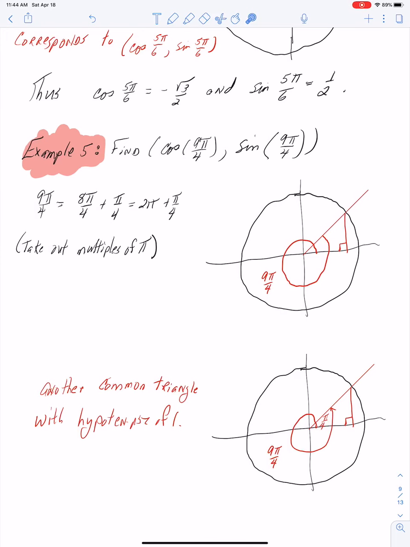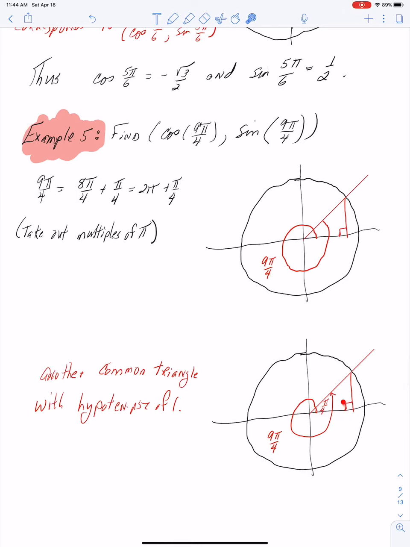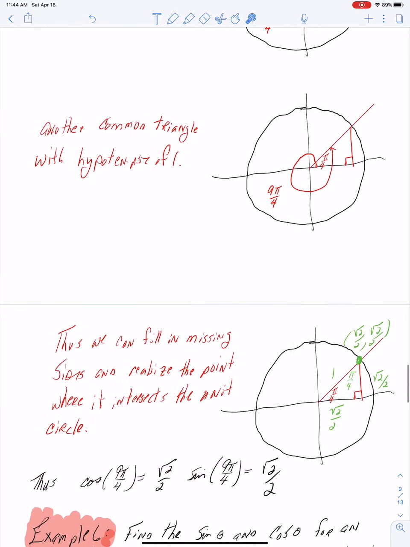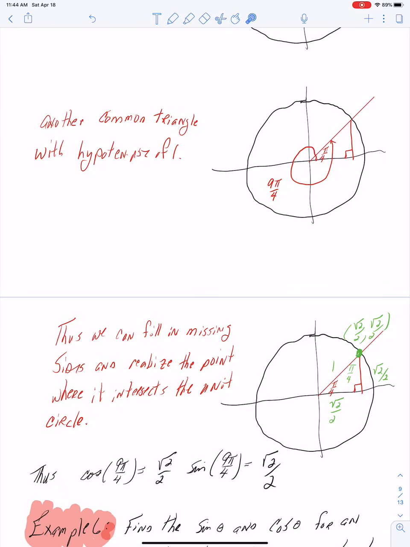So if this is pi over 4 and this is pi over 2, this angle is pi over 4, which is another common triangle: pi over 4, pi over 4, pi over 2, 45, 45, 90. The hypotenuse is 1, and that allows me to fill in these two sides because it's exactly the common triangle I know.